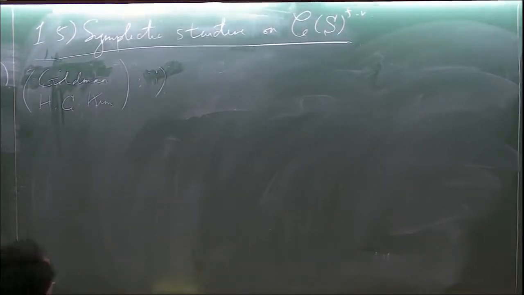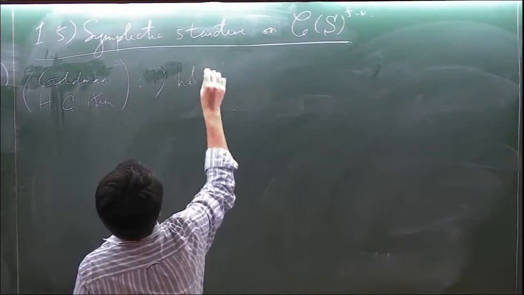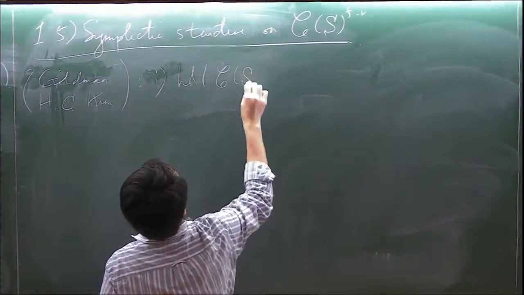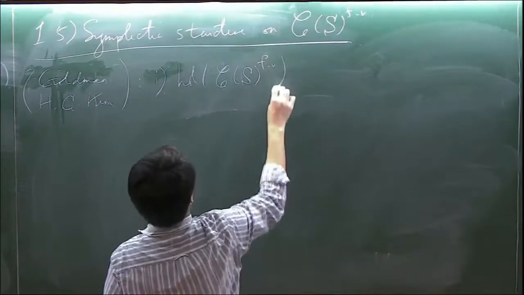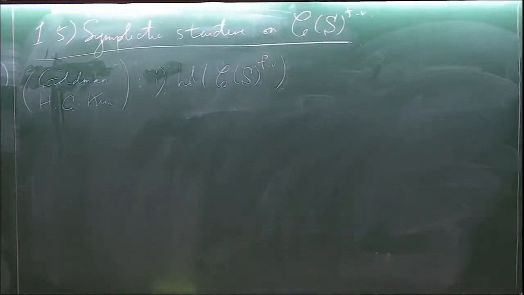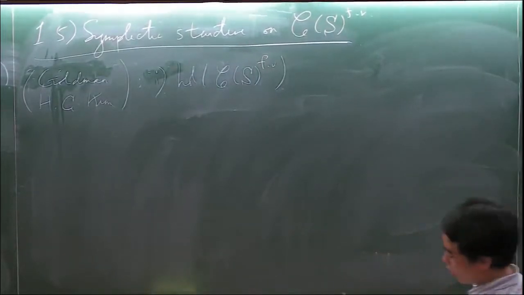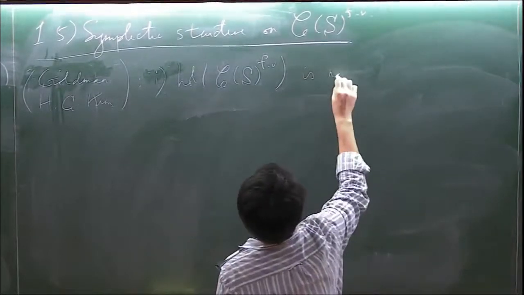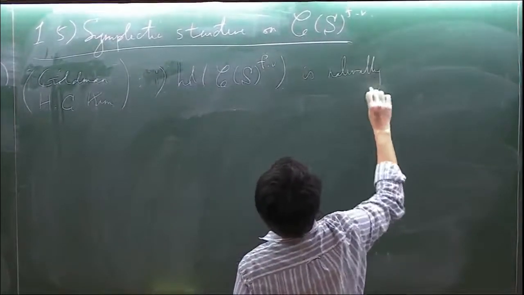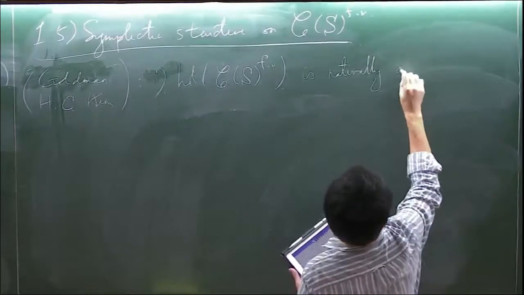Okay, so maybe the first thing to say is that if you look at the image of the finite volume ones under the holonomy map, this is naturally a real analytic manifold.